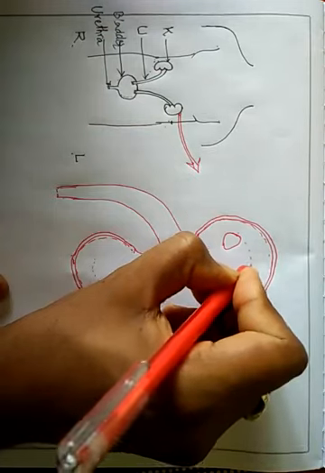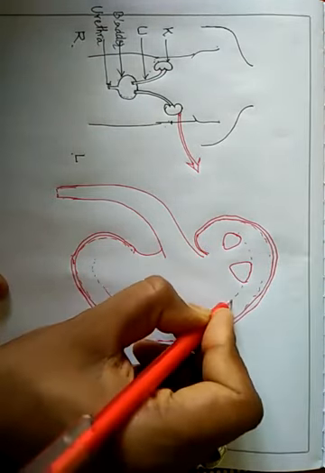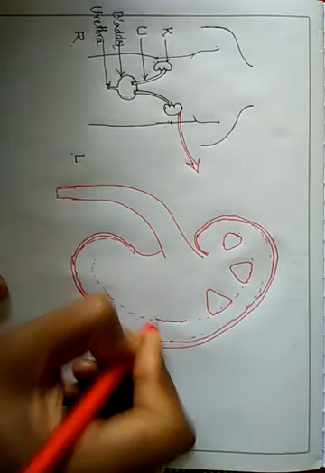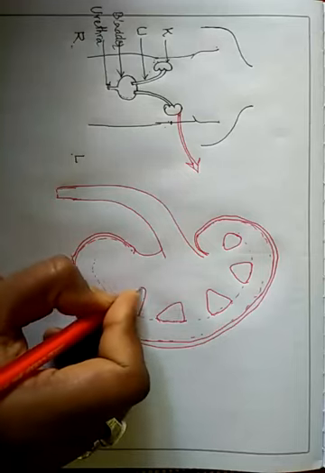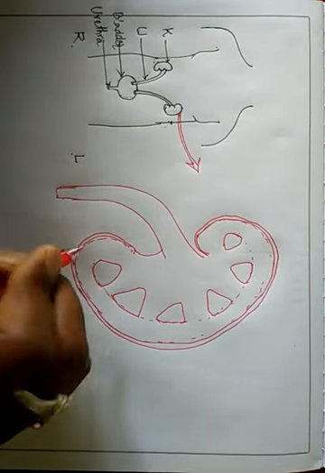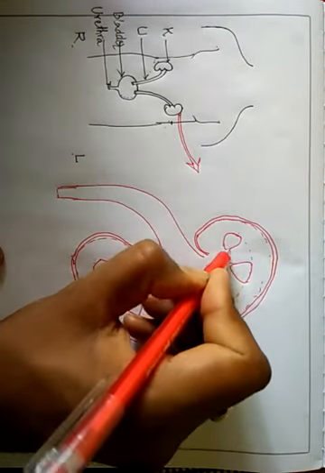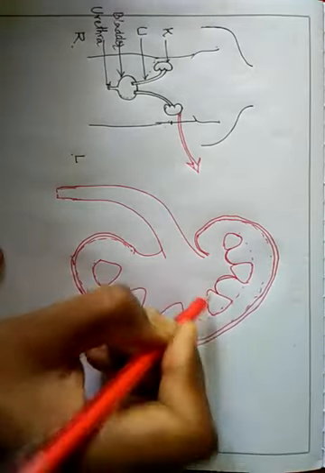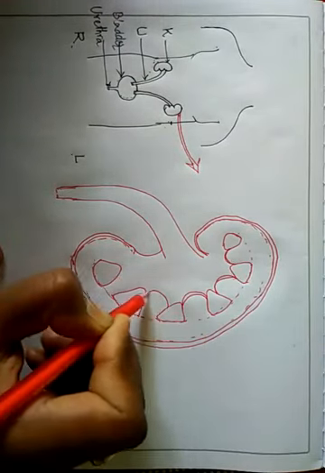You can see these pyramid like structures are present. Clear? And after that you will draw the structure. This such type of structure you will see inside the kidney.